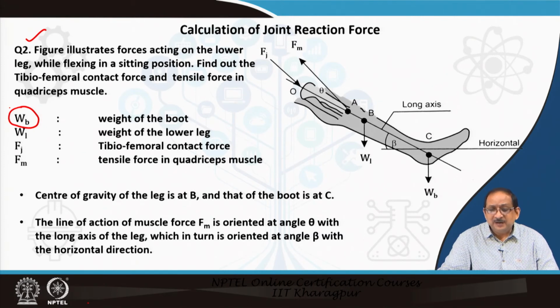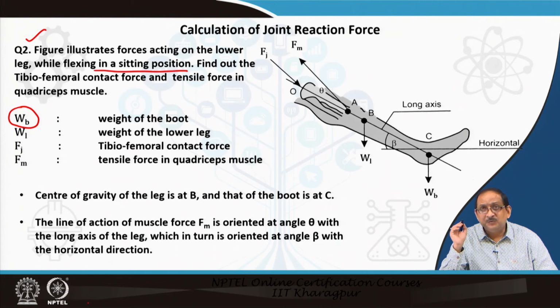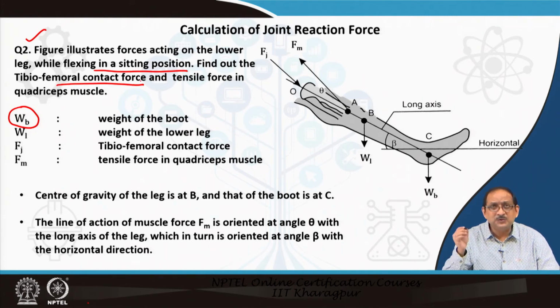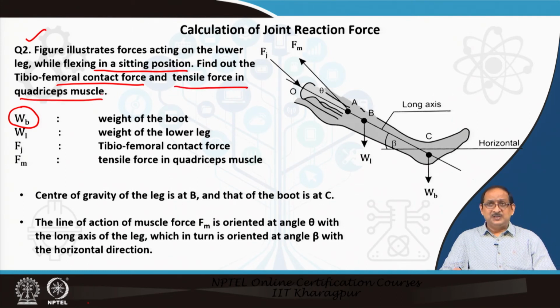So, the figure illustrates forces acting on the lower leg while flexing in a sitting position. So, we need to find out for this instant the tibiofemoral joint contact force or joint reaction force and the tensile force in the quadriceps muscle.